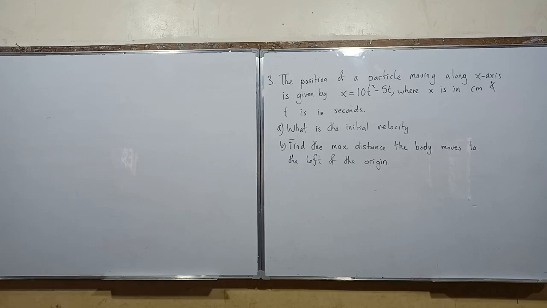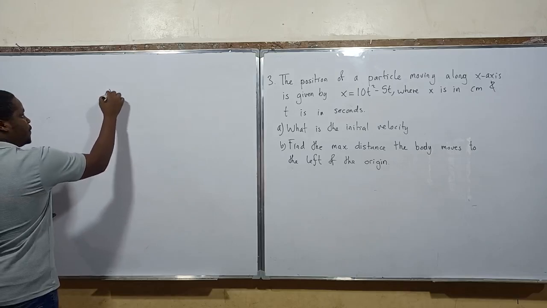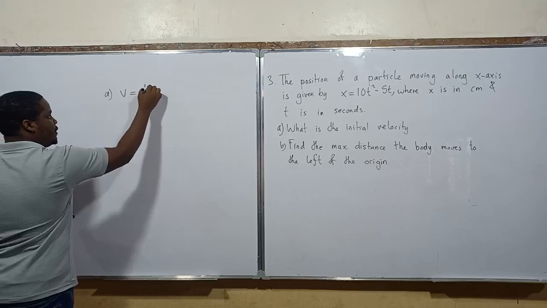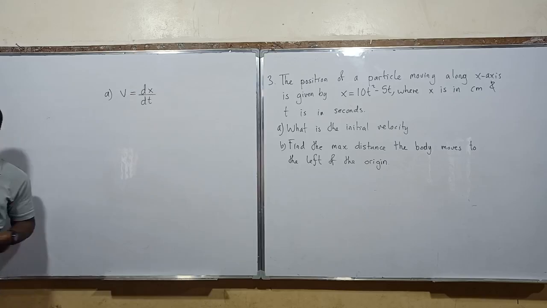Are we integrating or differentiating? Differentiating, right? Remember, differentiating position gives us velocity. So here's how we can present it. Question A: velocity is equal to the derivative of position with respect to time.